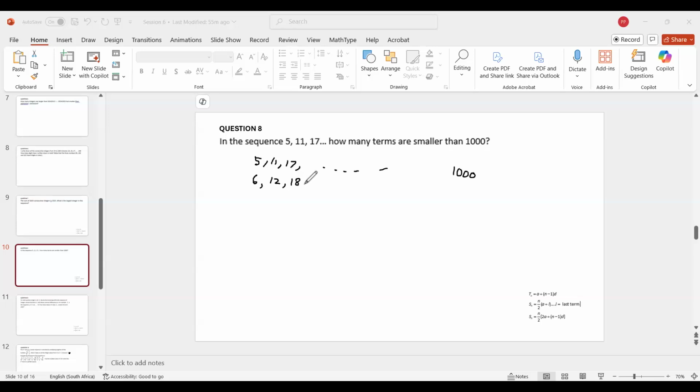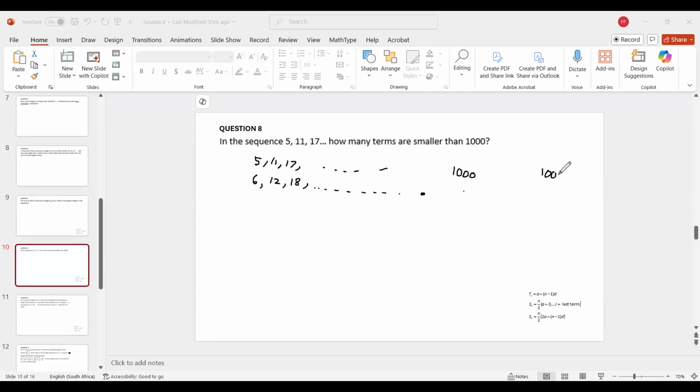The reason being I can get multiples of 6, and that's easy to calculate. Because I've got 6, 12, 18, and I need to know all multiples of 6. So I need numbers which are as close to 1000 as possible. You need to know what is the last multiple of 6 before 1000.